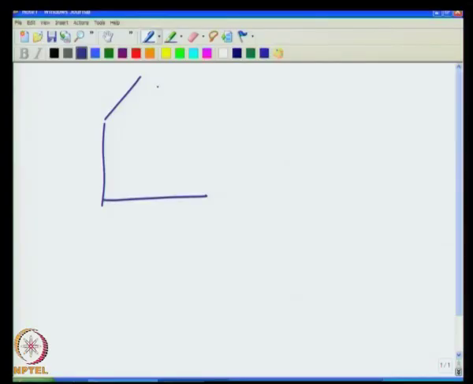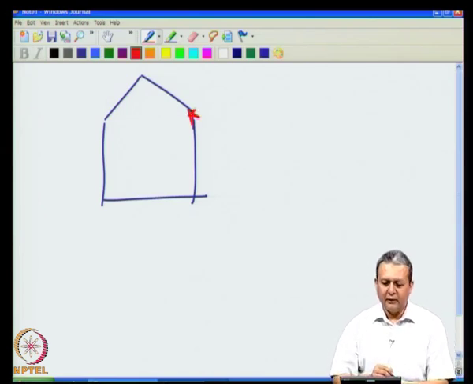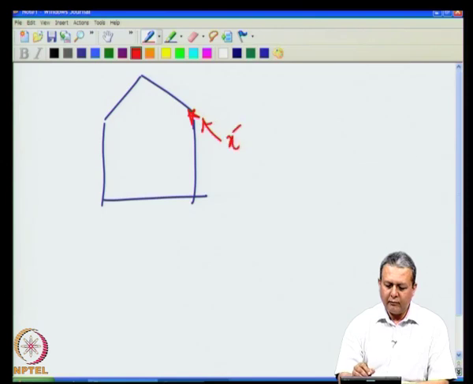As we discussed in the last class, the idea of the interior point method is that suppose the feasible region is as shown here, and suppose the extreme point solution is at this point. So, this is x star.